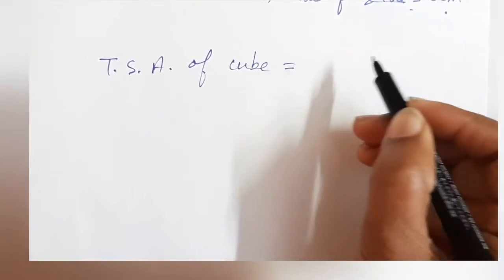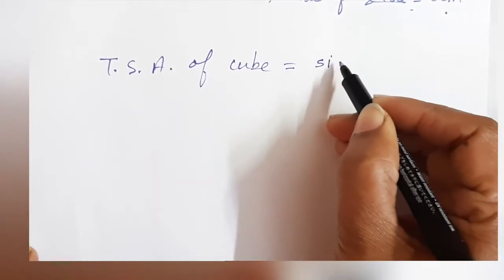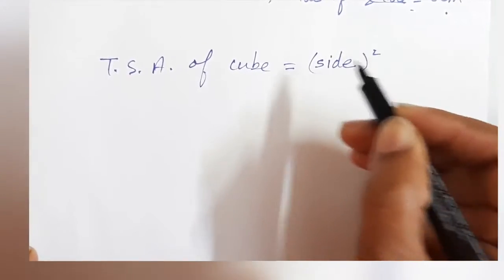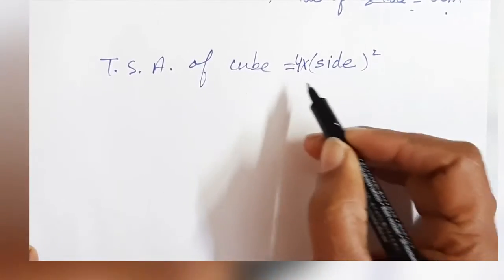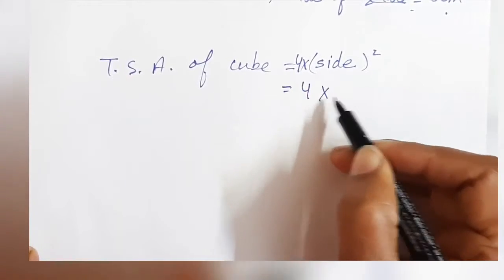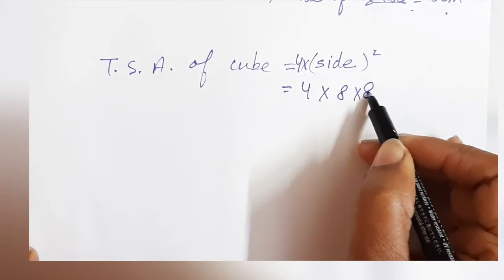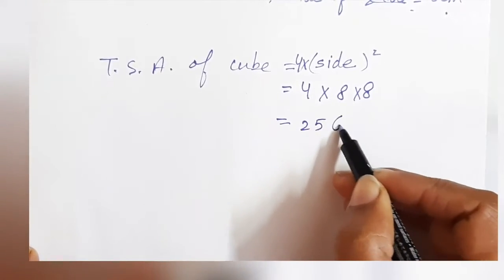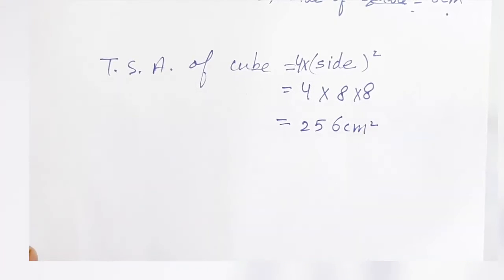Now the formula is side square multiplied by 4. So that is equal to 4 into 8 into 8. That is equal to 256 centimeter square.